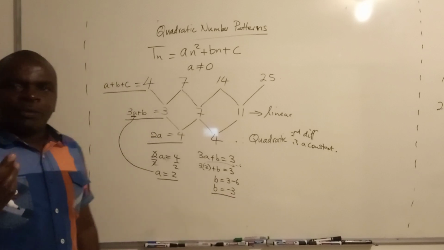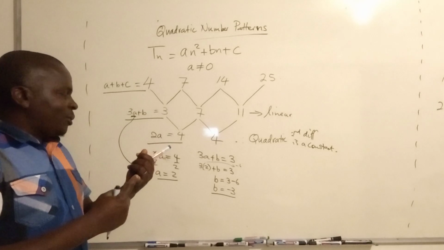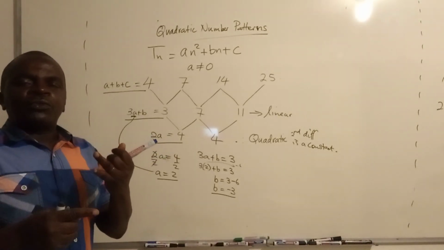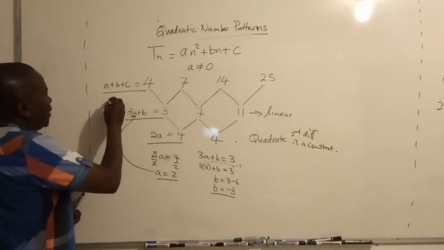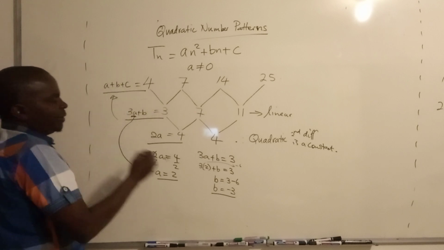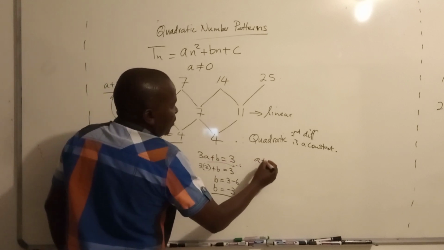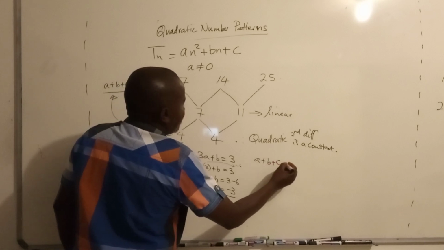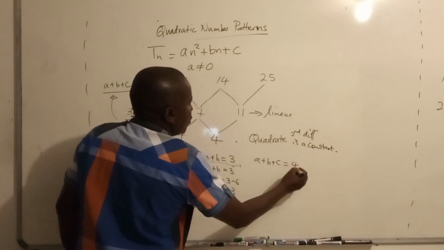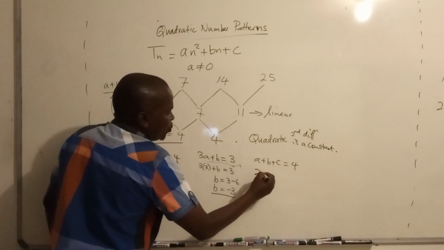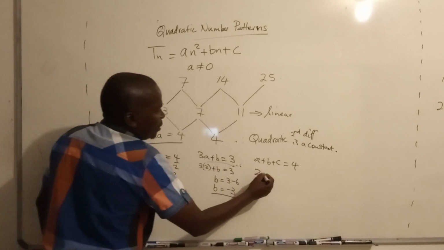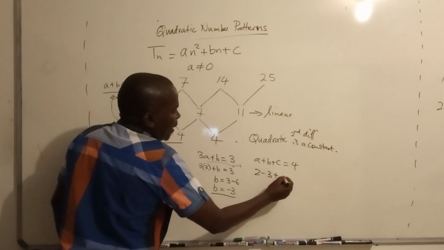Now, how many values do we know now? We know our a is equal to 2, b is equal to negative 3. We want to find c. We go up again. We use this equation, which is a plus b plus c is equal to 4. What is a? a is 2. What is b? b is negative 3 plus c.